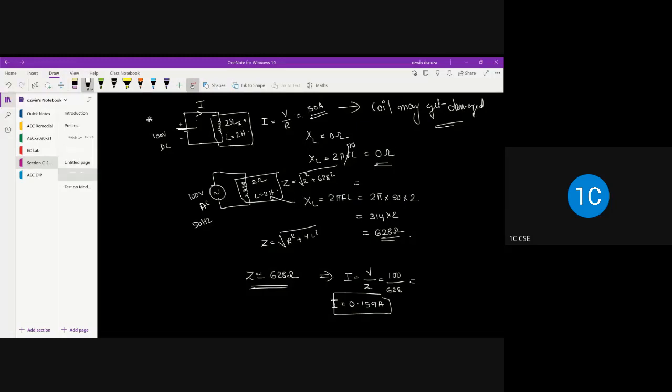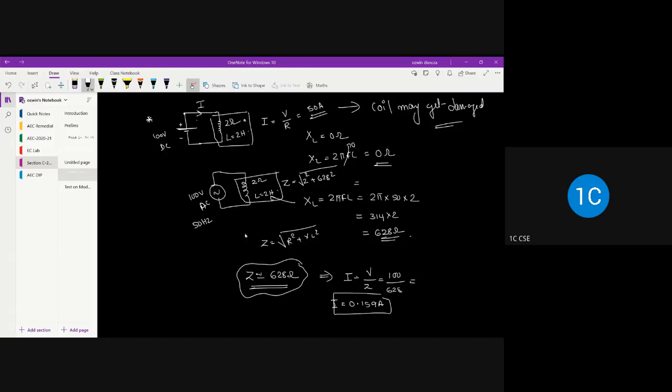On the other hand, when you connect an AC supply to a coil, the coil offers some impedance, which is greater than the resistance value, due to which the coil draws a finite amount of AC current, for example around 0.16 amperes, which is safe enough to pass through the inductor.